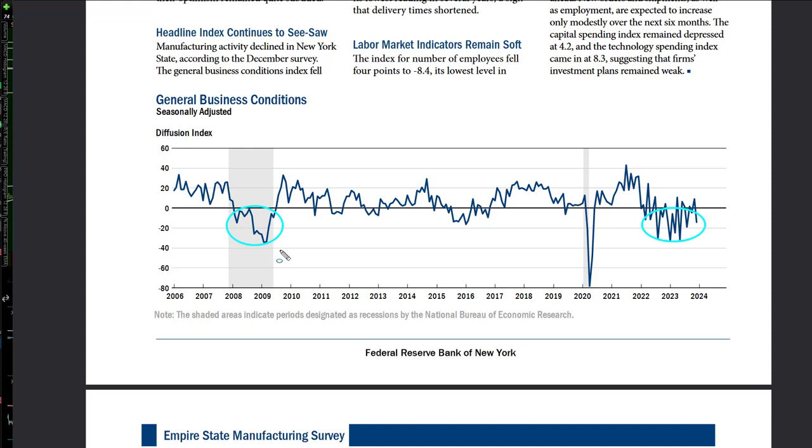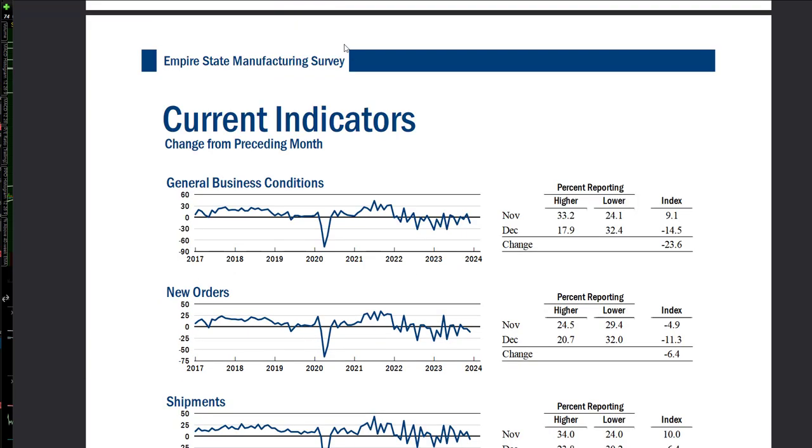And by the time that you hear about it on CNBC or Bloomberg or the NBC Nightly News that we're in a recession, the stock market at that point is already down, usually 30-40%, and the recession is 6 months in. So you can see here, based on general business conditions, this is from the New York Fed site directly, newyorkfed.org.